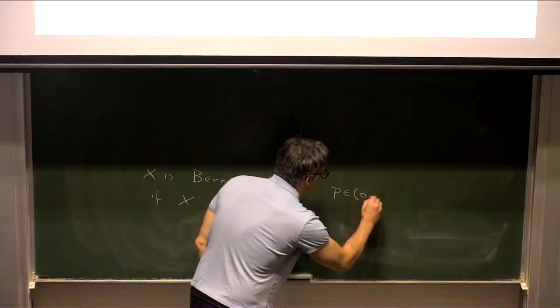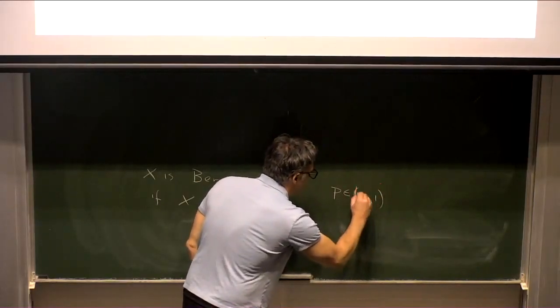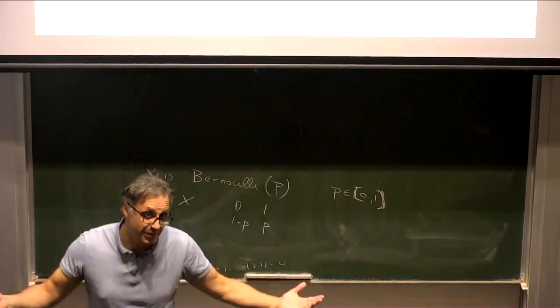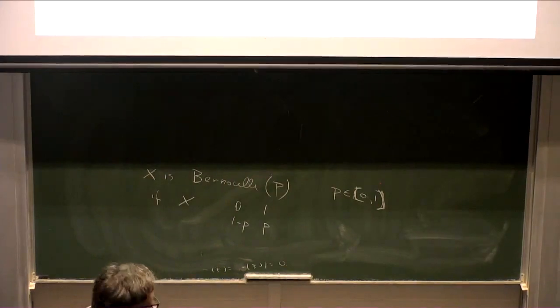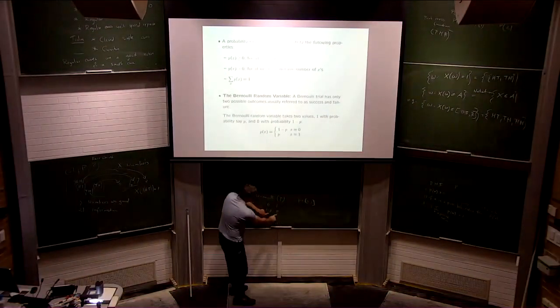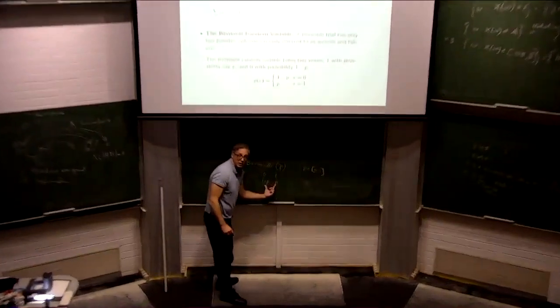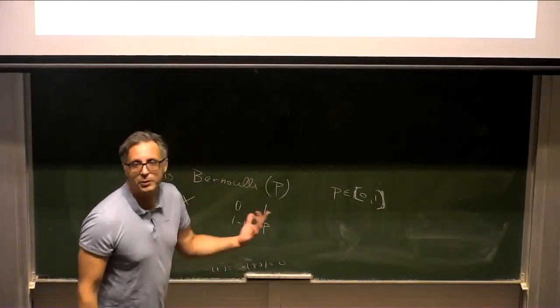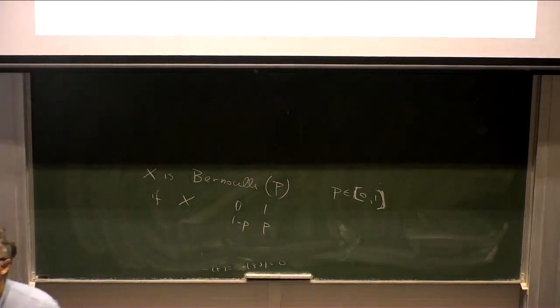Is this a probability mass function? Yes, as long as p belongs to the interval (0, 1). You could in principle include the boring cases, the extremes, but it becomes boring. And these two things for this range of values of p are non-negative, both of them. And they add up to 1.